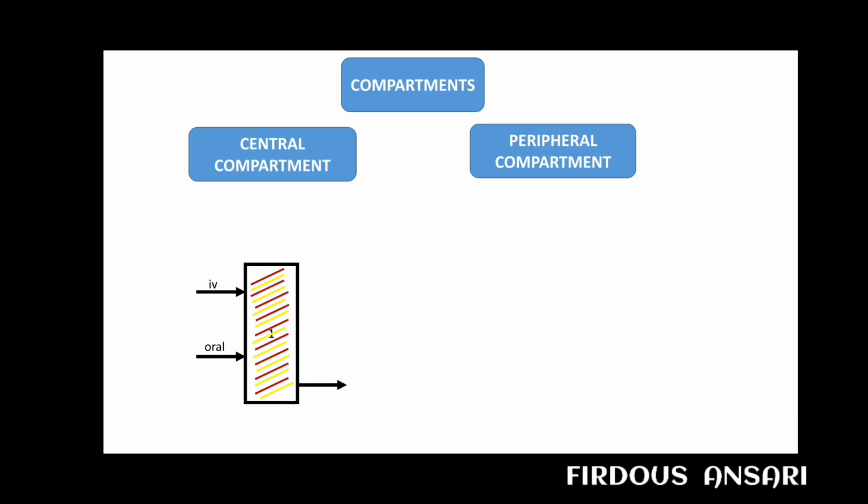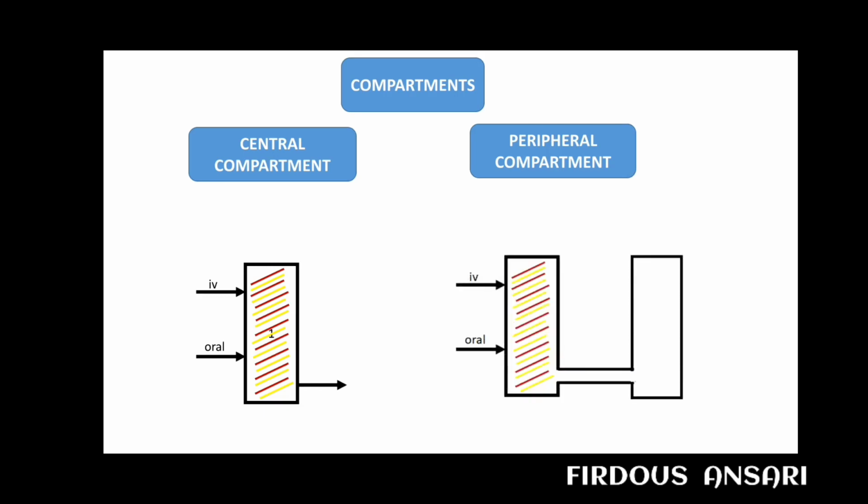Okay, it is just a single compartment model. So in a single compartment model we can check the absorption as well as the elimination, but if to this compartment we attach another compartment, compartment number 2 is now known as the peripheral compartment. Compartment number 1 is the central compartment and compartment number 2 will be the peripheral compartment. If a third compartment, fourth compartment are attached, they will also become peripheral compartments.